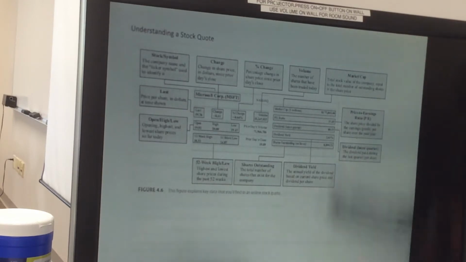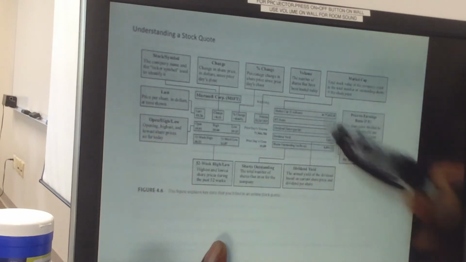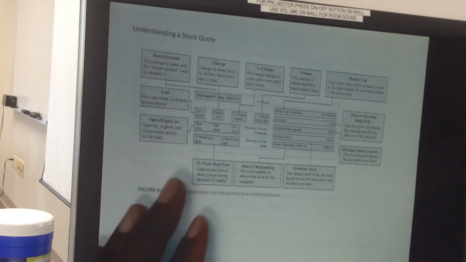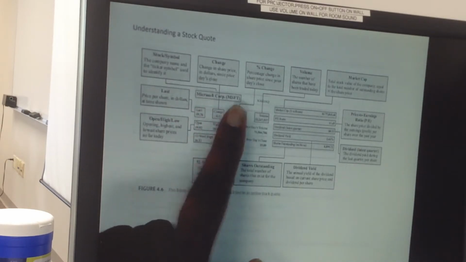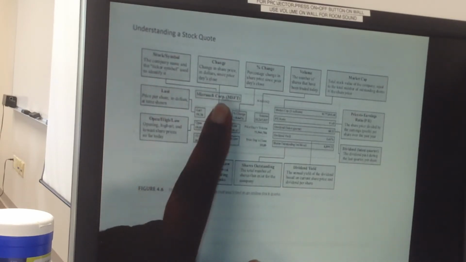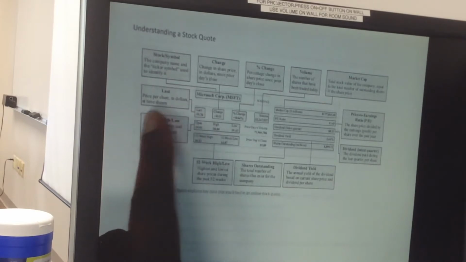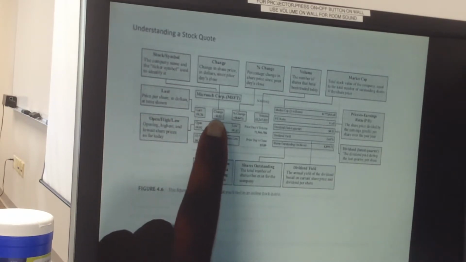Okay, this is what a stock quote looks like, and there are bits and pieces of it that are important to understand. One of them, of course, is a stock symbol, like Microsoft Corporation MSFT. That's the stock symbol. And then here, last is going to be the price per share in dollars at the time shown. This right here is a change.